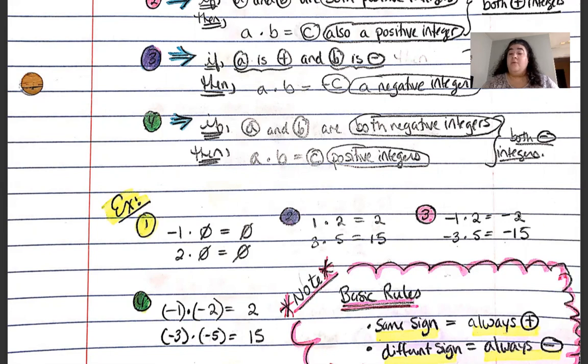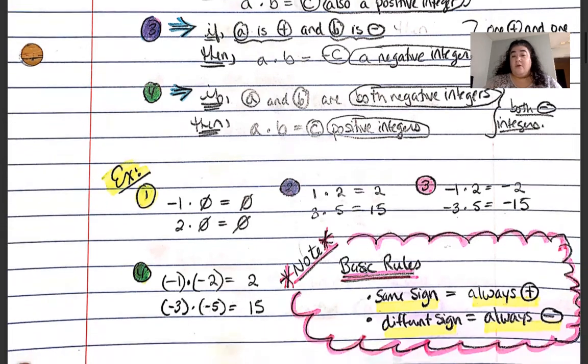So the rule here was if one is negative and one is positive, our answer will be negative. But please note that the multiplication itself is as we would expect it. 1 times 2 is 2, okay? All that we've taken into account here is because one was negative and one was positive, our answer was also negative, as per the rule that we discussed in scenario 3 as applying multiplication to integers.